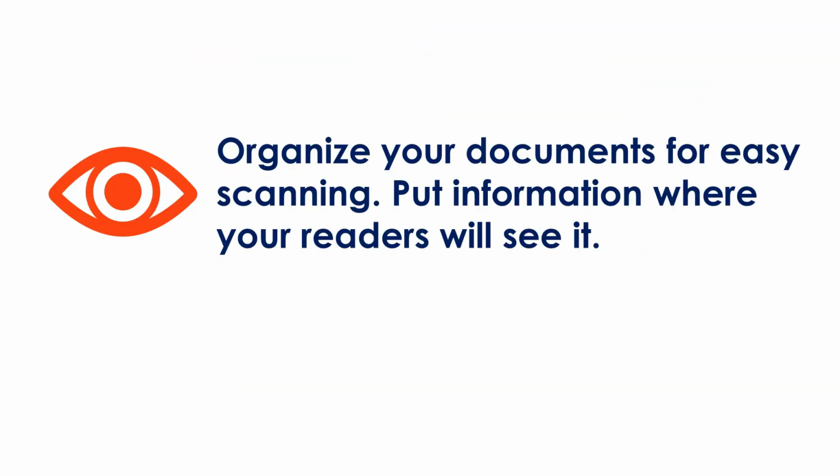Next tip. Organize your documents for easy scanning and put information where your readers will see it. And how you approach this tip is going to depend on whether you're producing a paper document or an electronic document. And you approach organization of different kinds of documents differently because readers scan different kinds of documents differently.